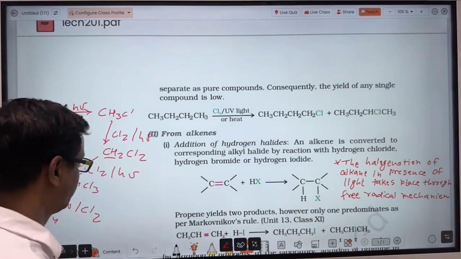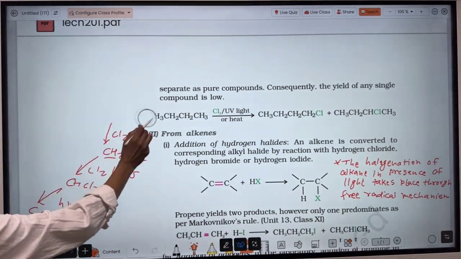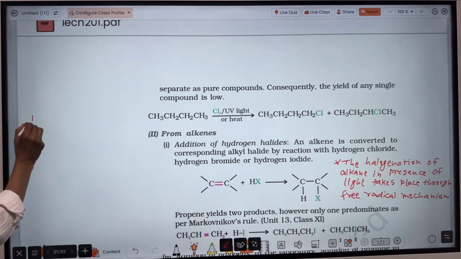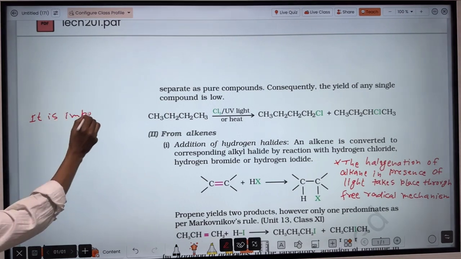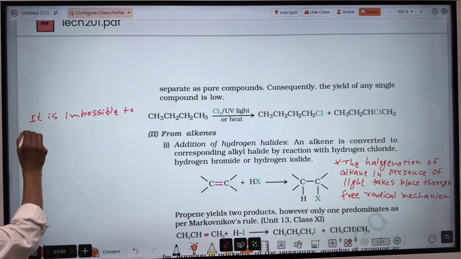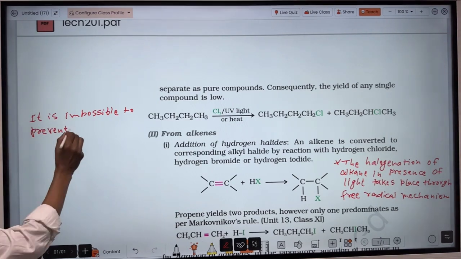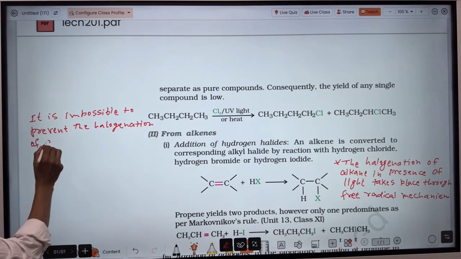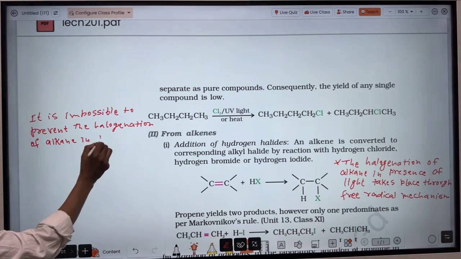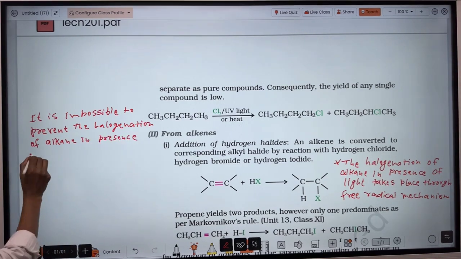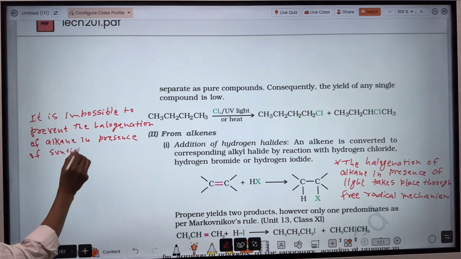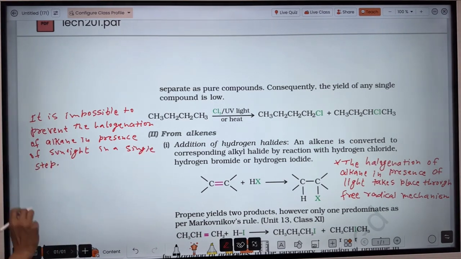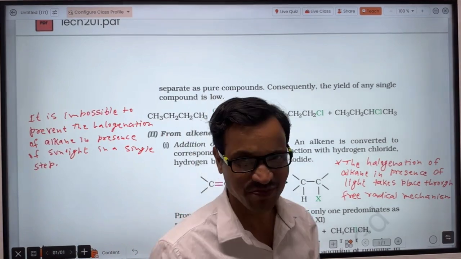this 1 point. Second 1 point is that is the most important point.